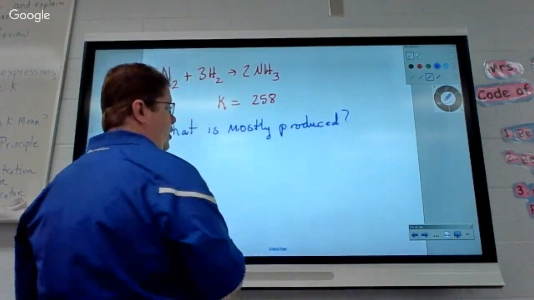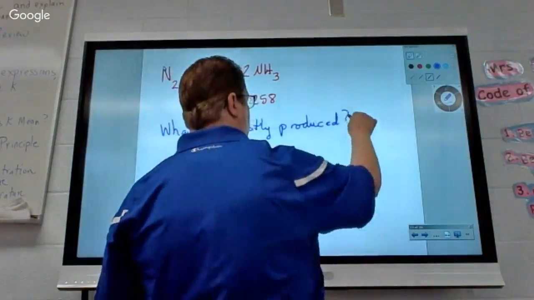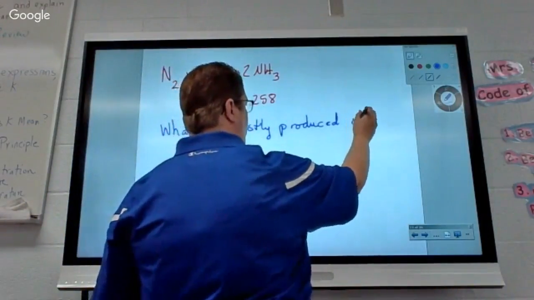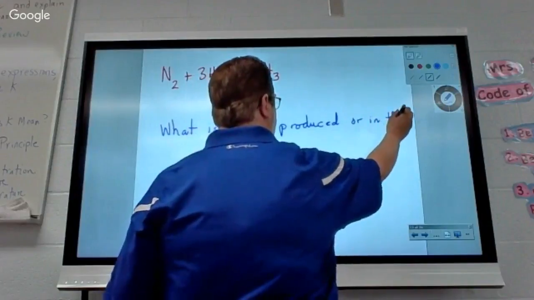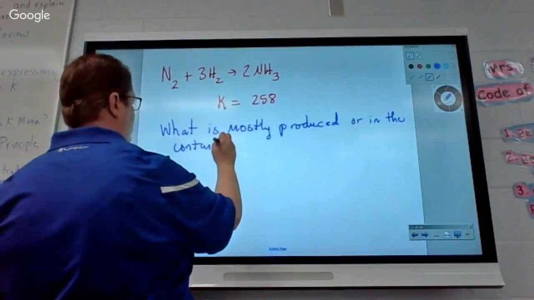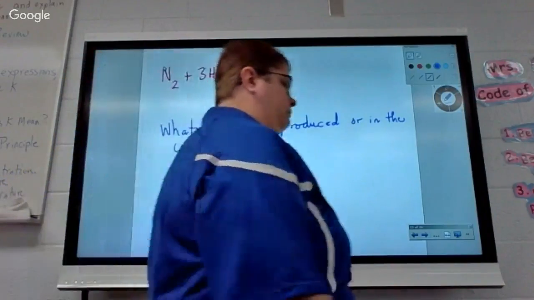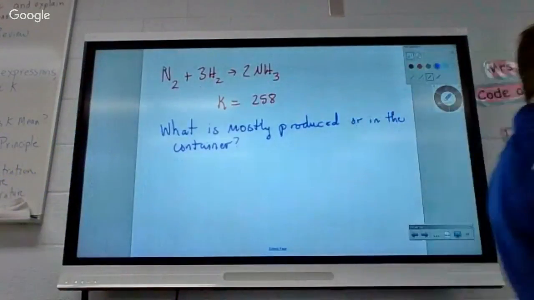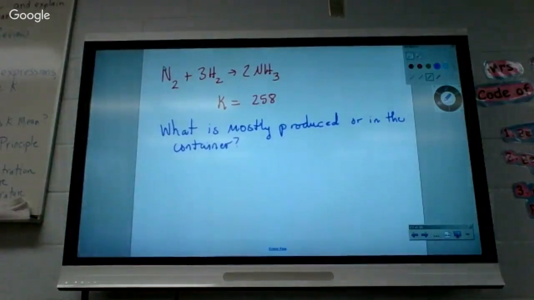And you're asked what is mostly produced or in the container. Okay? Now, what is mostly produced or what is in your container?